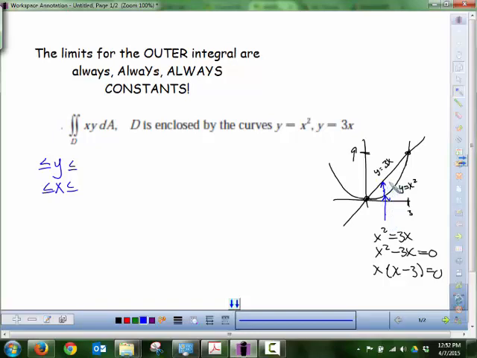Where you enter the region, parallel to the y-axis going in the positive direction, I enter my region at y is equal to x squared, and I'll be inside my region until I exit at y is equal to 3x.